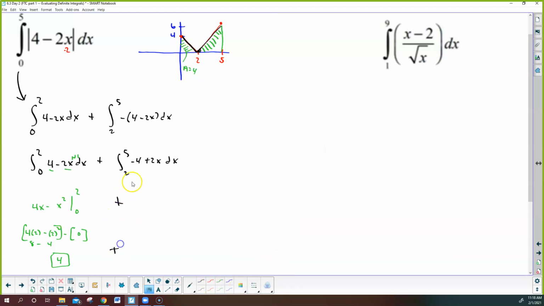Well, now we got to find the other piece, which is almost the same antiderivative, but notice this is a negative 4, so whose derivative gives me negative 4? It's negative 4x. And then whose derivative gives me 2x? That's x squared. And we're going to evaluate from 2 to 5. Now we'll plug in 5.